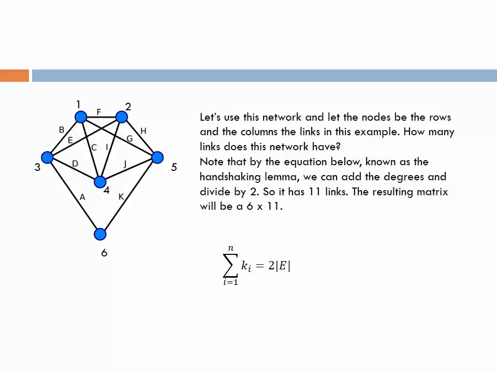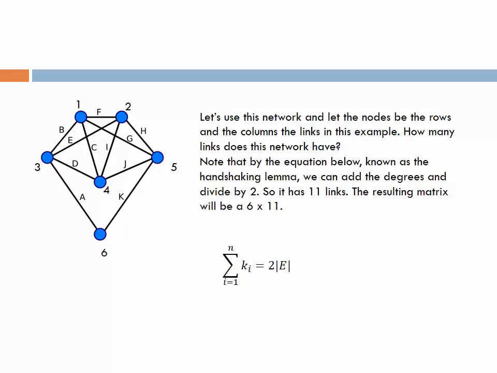So link H will get counted into the sum exactly 2 times. And this is true of every edge or every link. It gets counted exactly twice.